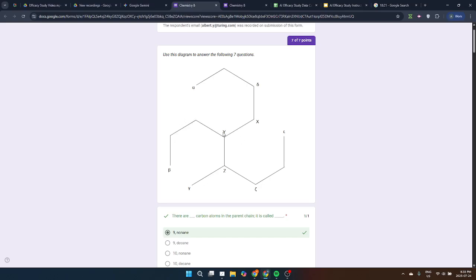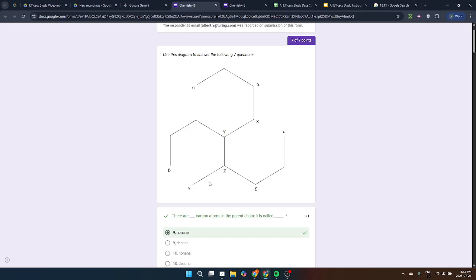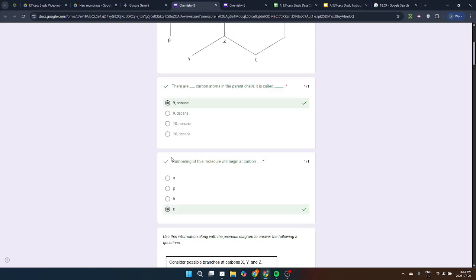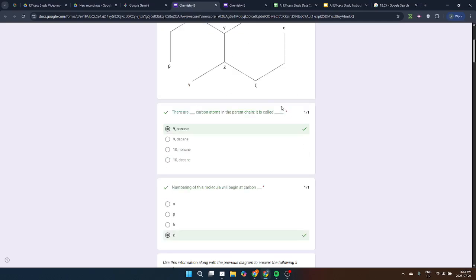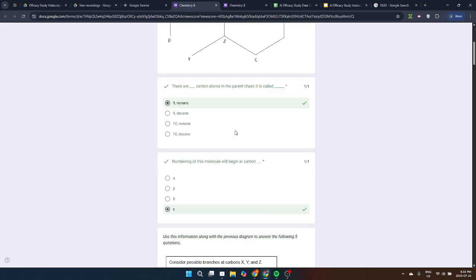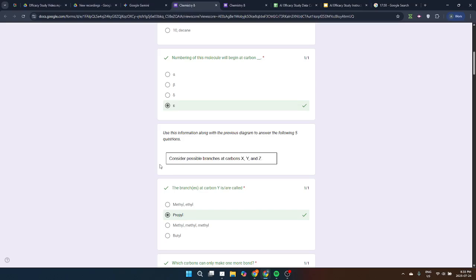So that's the 5th carbon, but if we count from epsilon, we have 1, 2, 3, 4, and on Z there, you have a methyl group. Because 4 is less than 5, we're going to start naming the molecule at the epsilon carbon. And so that was correctly deduced.